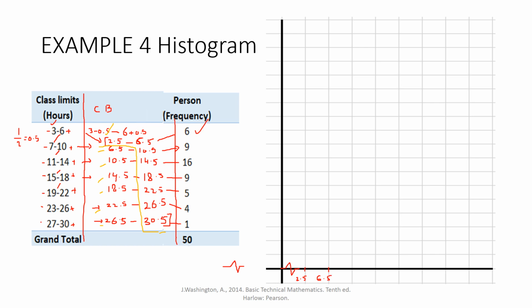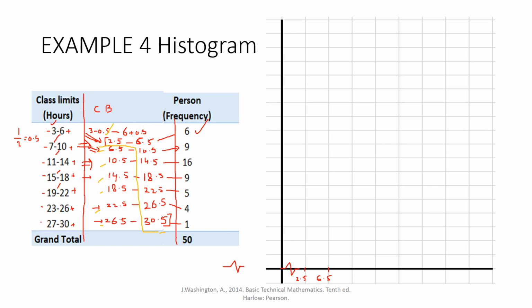So actually we did this whole class, you see, 2.5 to 6.5. Now we are coming to this class, which is 10.5. So this second one is there, and it is here. Okay. So which is 6.5 to 10.5.